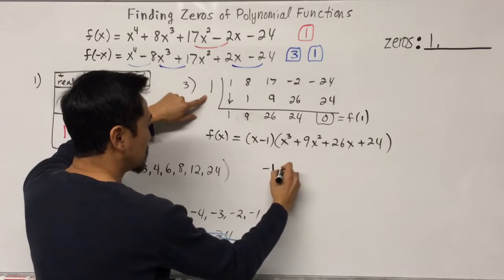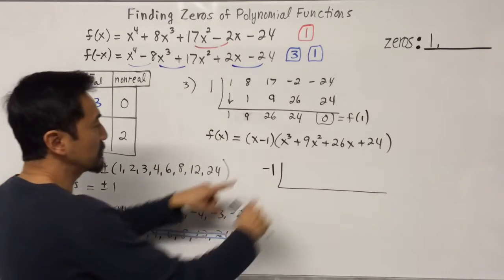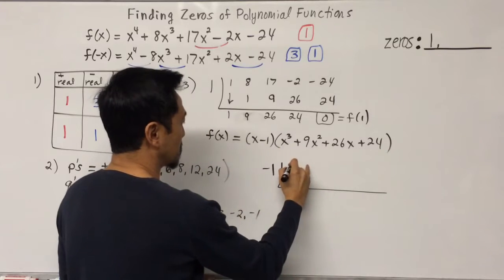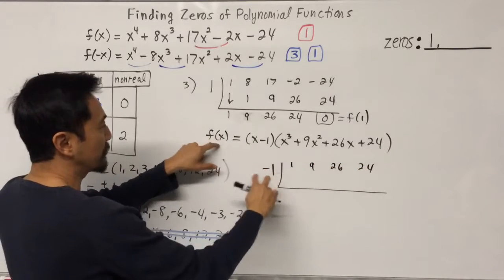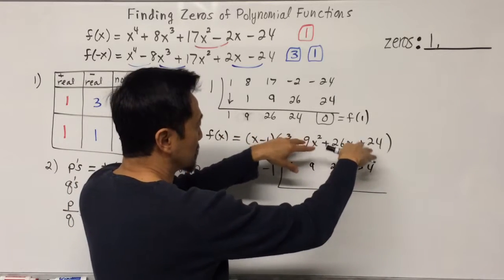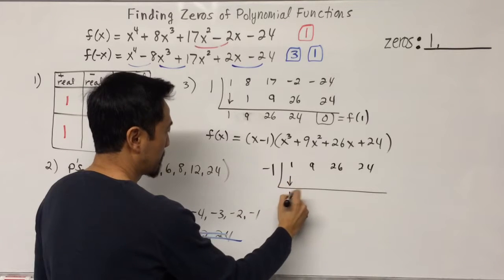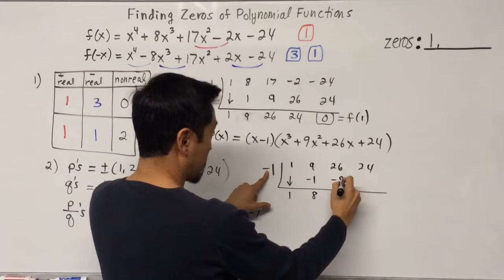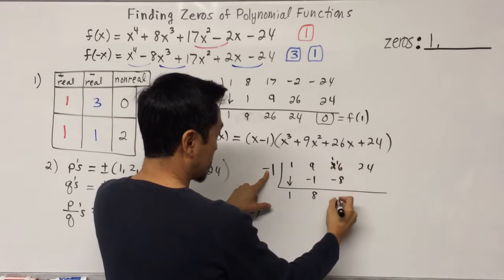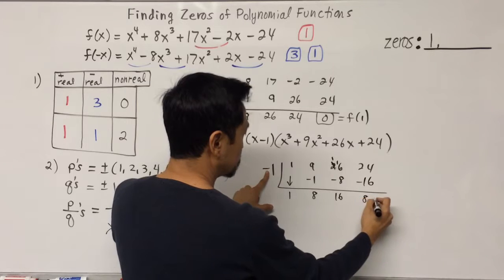Okay, so I'm going to now perform synthetic division with -1. And I'm going to do it with this third degree polynomial here, because our goal is to try to factor f of x down into lower degree factors. And we see that that doesn't work, right?